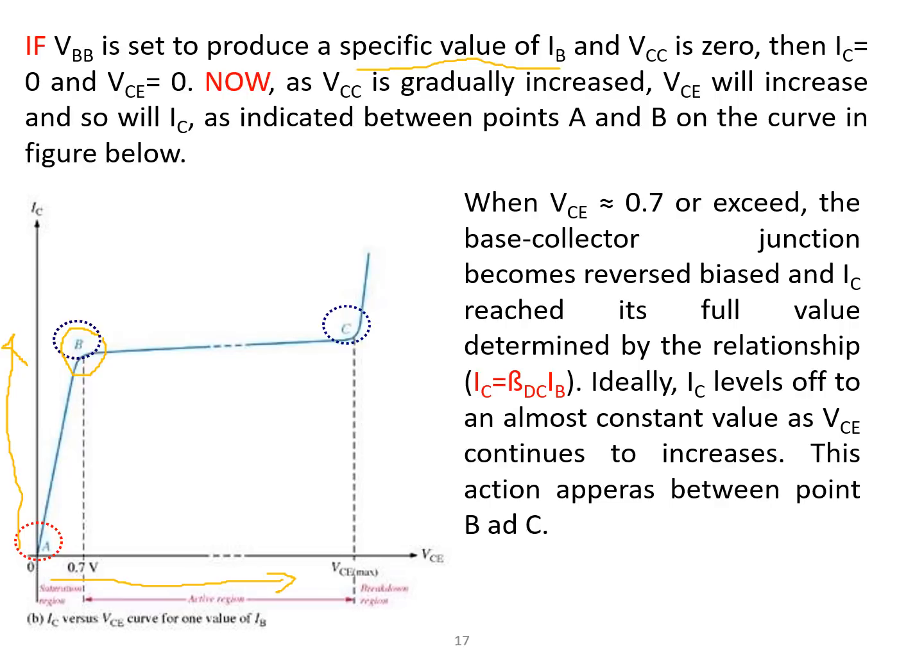Ideally, IC levels off to an almost constant value as VCE continues to increase. This action appears between point B and C.